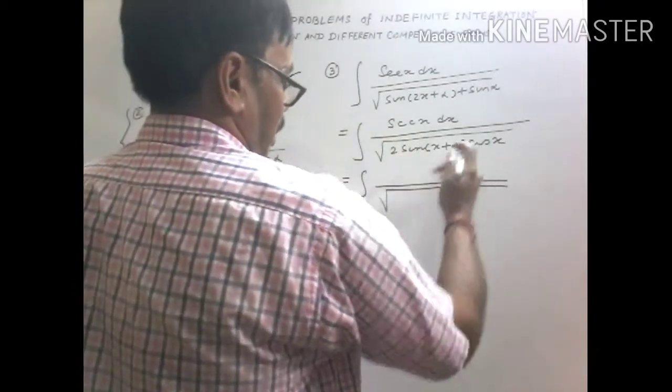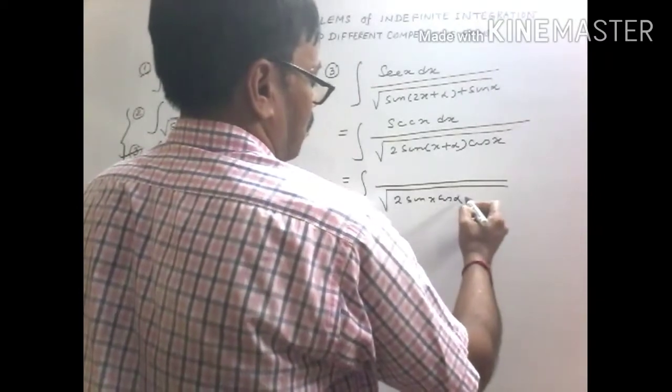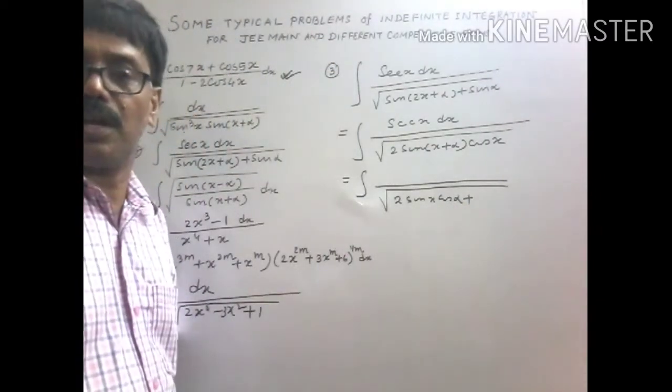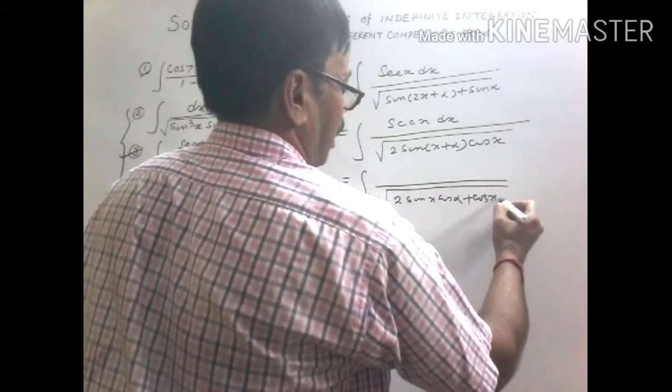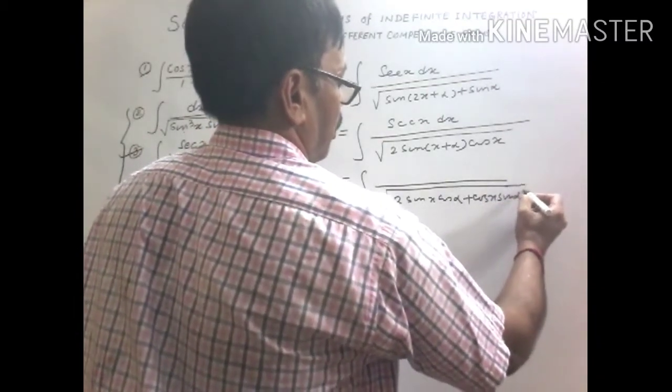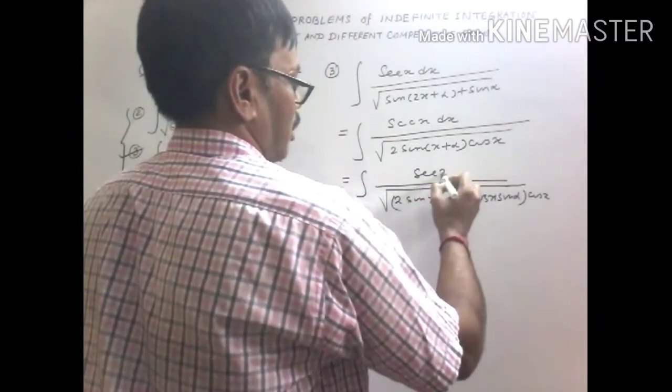So we expand it: 2 sin x cos alpha plus cos x sin alpha, into cos x, and this is sec x dx.